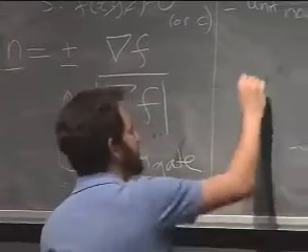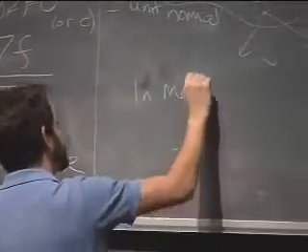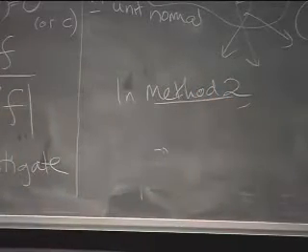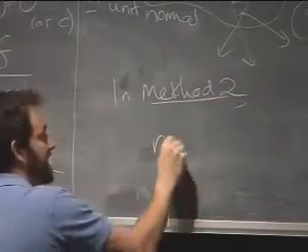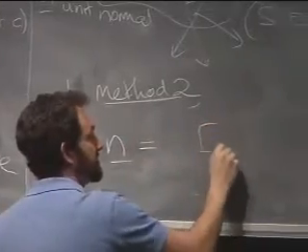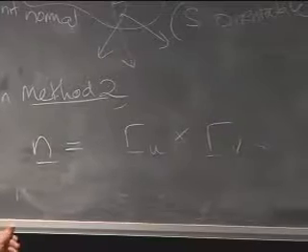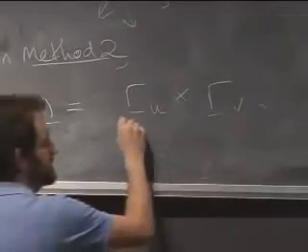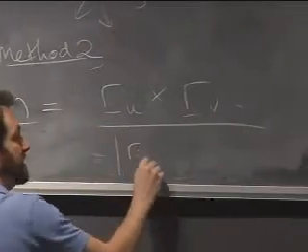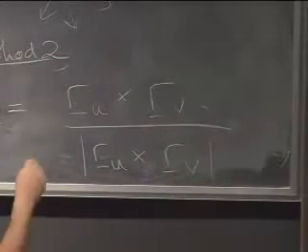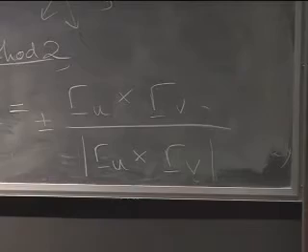Whereas method 2, where we have the parameters, n is actually this vector that we computed, RU cross RV, divided by its length. That's just the normal divided by, to make it unit, you have to divide by this quantity, which we already computed, and of course the plus or minus.